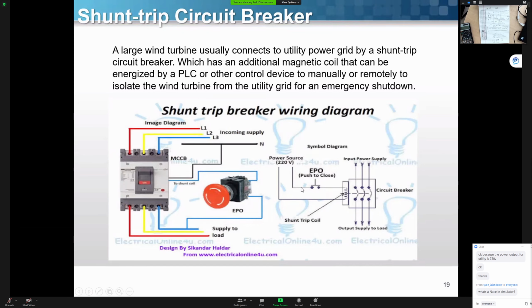So if we're using the shunt trip circuit breaker, in the central control station you can basically send a PLC signal, and it can trip the circuit breaker to disconnect them. So that's why I added these slides in here. It's for you to answer one of the questions on your quizzes.